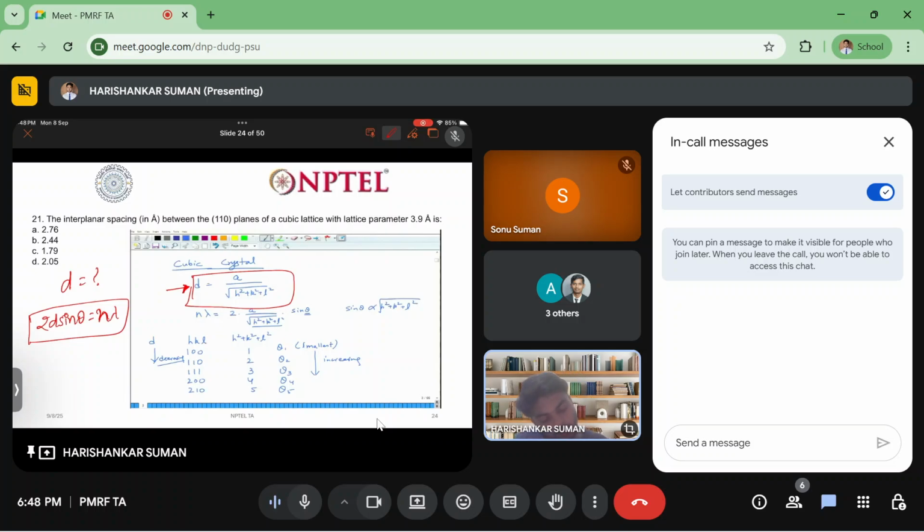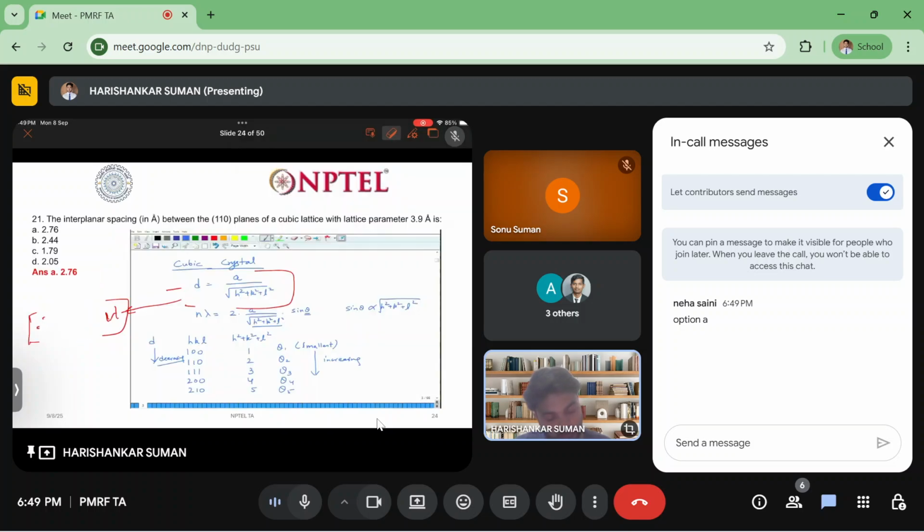Use these two equations, first and second. You have to find just d, the interplanar spacing distance.